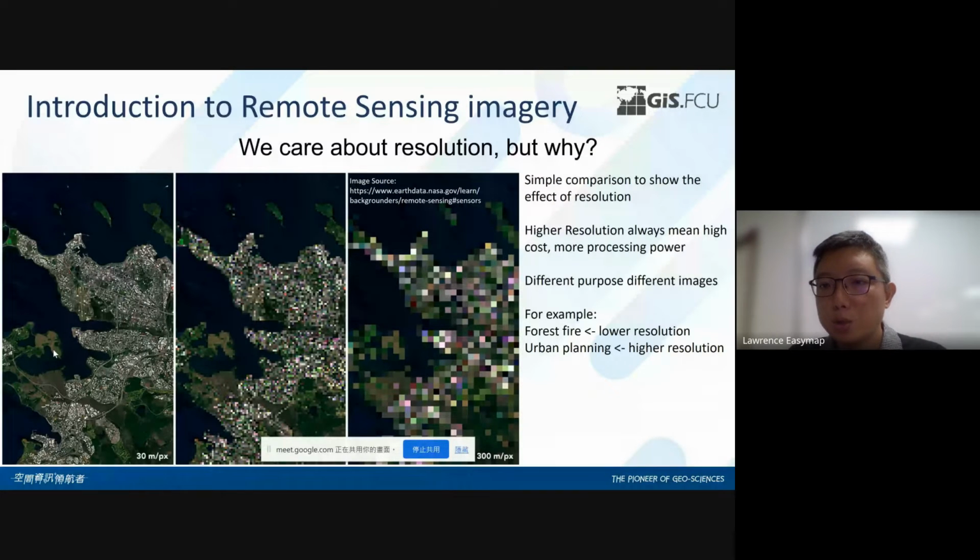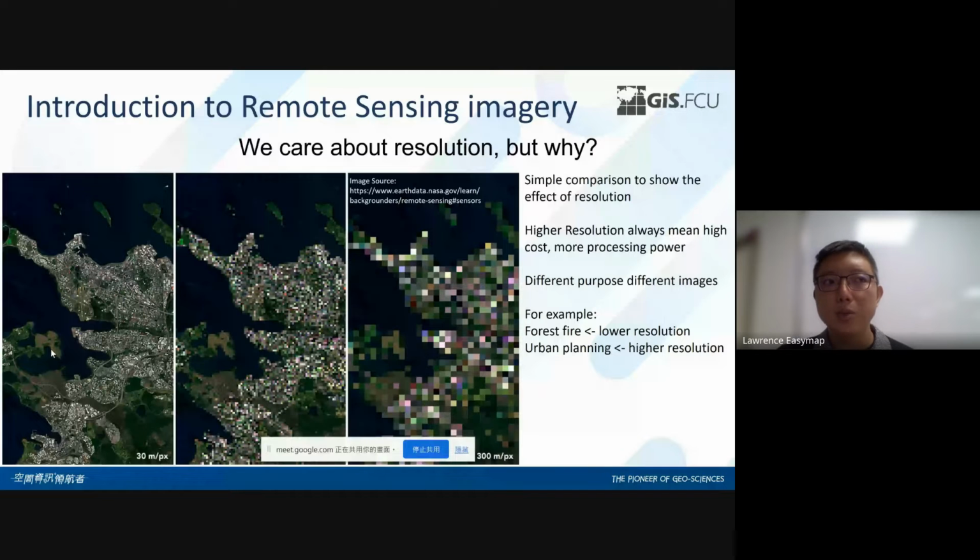The higher resolution always means higher cost and also more processing power. However, it is not necessary that we always chase the best result. If you are looking for the area of a forest fire, I believe the forest fire is not in terms of several tens of meters.